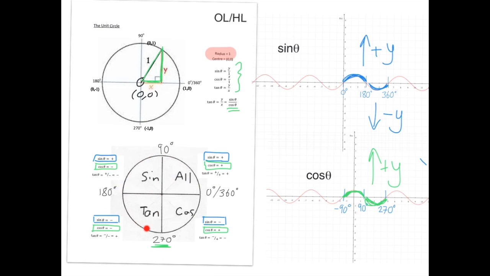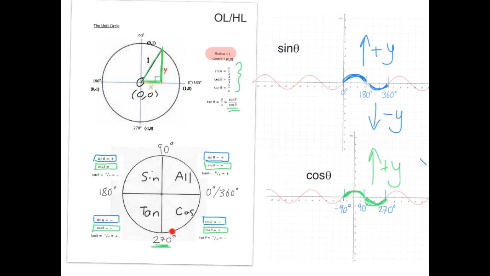And it's a similar story for the final two quadrants. In the third, sine and cosine are both negative, and if you have a negative number divided by a negative number, you end up with a positive number. So tan is the only positive value in the third. In the fourth, sine is negative and cosine is positive, so tan would be a negative divided by a positive, which gives us a negative answer.